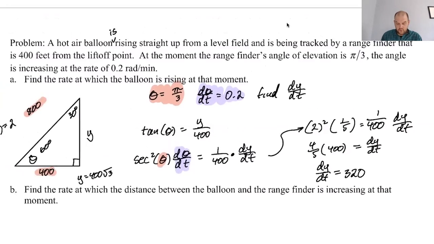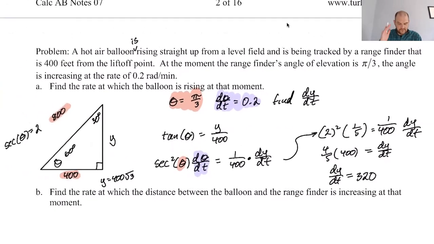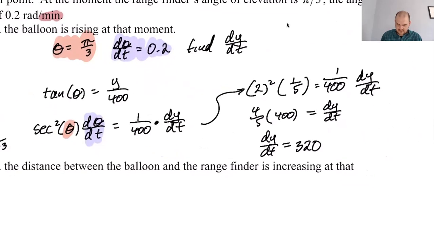320 what though? The distances are all being measured in feet, and time is being measured in minutes. So this is going to be in feet per minute.